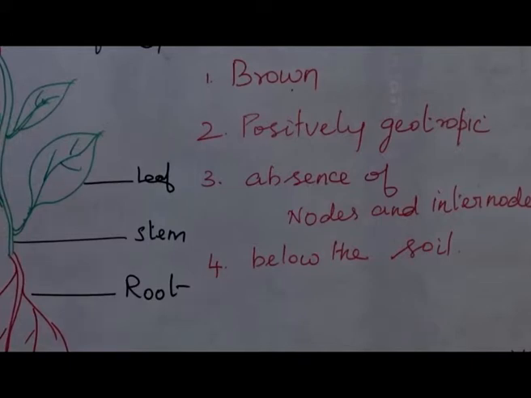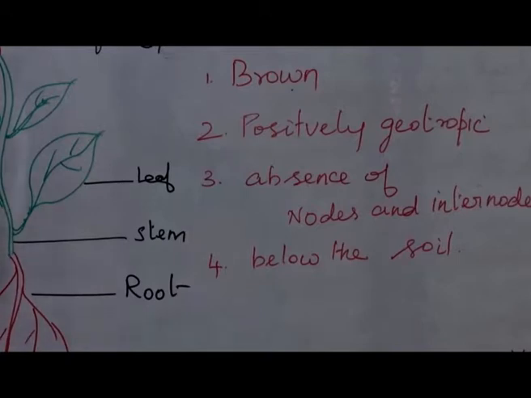So the parts of the plants are root, stem, leaf, flower, fruits and seeds. Then we come across two new terms. One is node, the point of attachment of the leaf. Another one is internode.